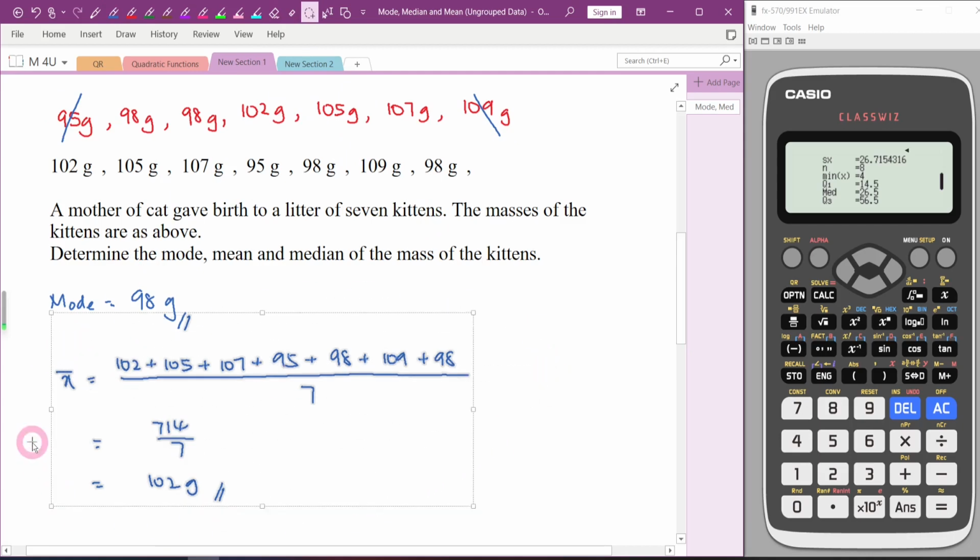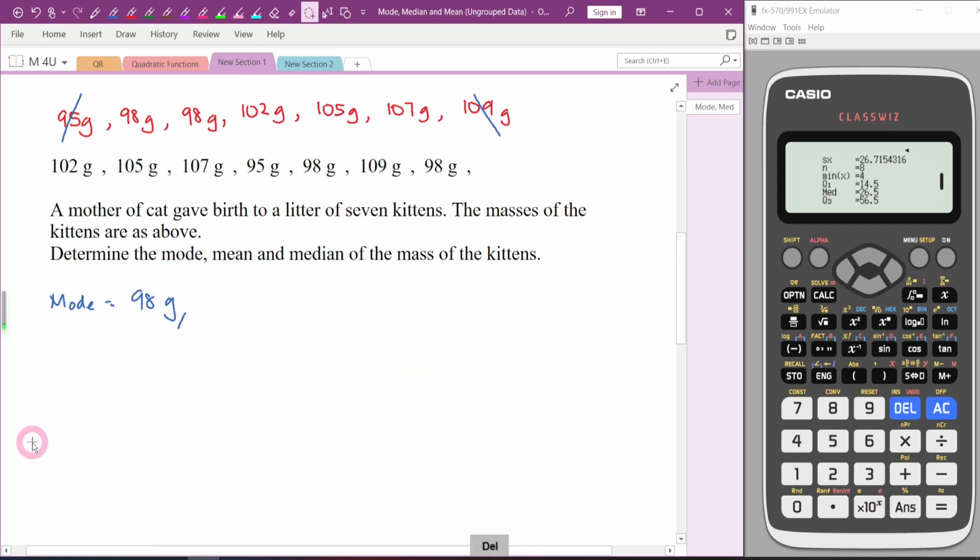Okay, let me erase this one first. Median. How many data do I have here? 7, right? 7 plus 1 divided by 2. 7 plus 1 is equal to 8. 8 divided by 2 is equal to 4.